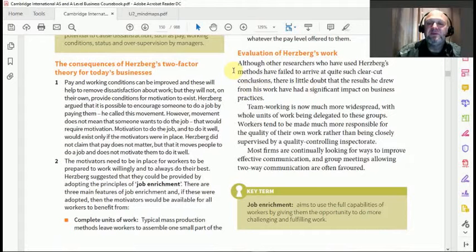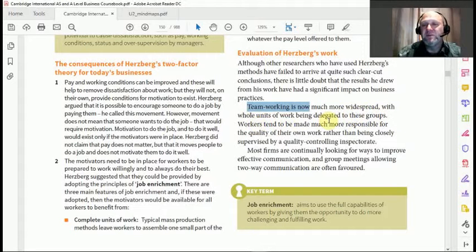So why was this guy so important, Herzberg? Although other researchers have used Herzberg's method and failed to arrive at such clear-cut conclusions, there's little doubt that the results he drew from his work had a significant impact on business practices today. Team working is now much more widespread, very important, with whole units of work being delegated to these groups.